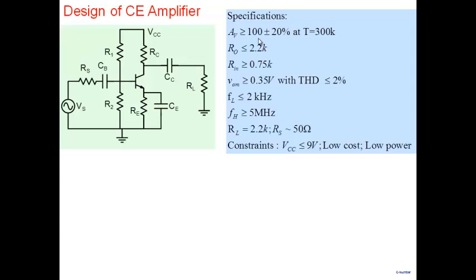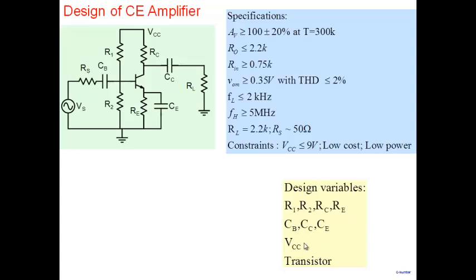Here we have simplified the task for you, in the sense we said, let's satisfy these specs with this schematic here. So then what are the resources at your disposal? The design variables are all the resistors, R1, R2, RC, RE, all the capacitors, CB, CC, CE, VCC (if nothing is specified on VCC, you have a choice of VCC), and the transistor.